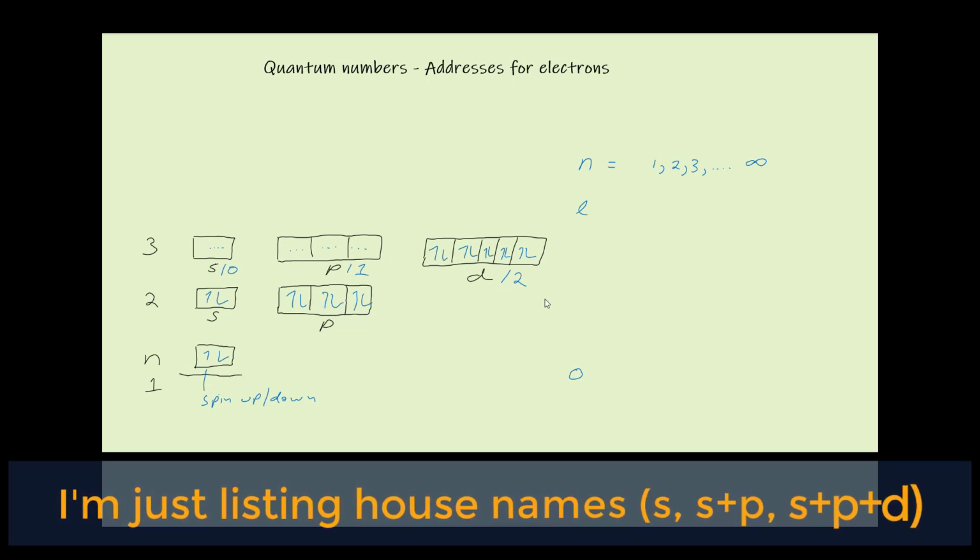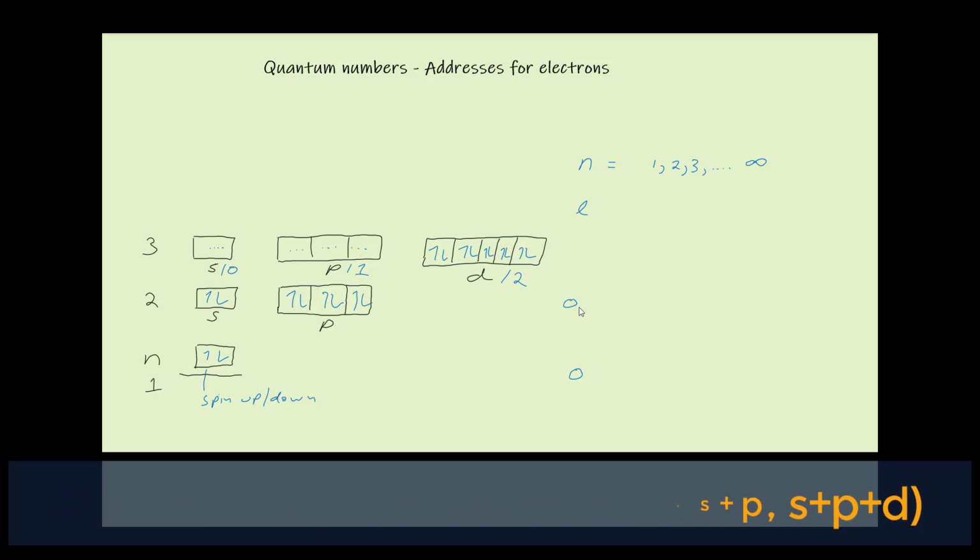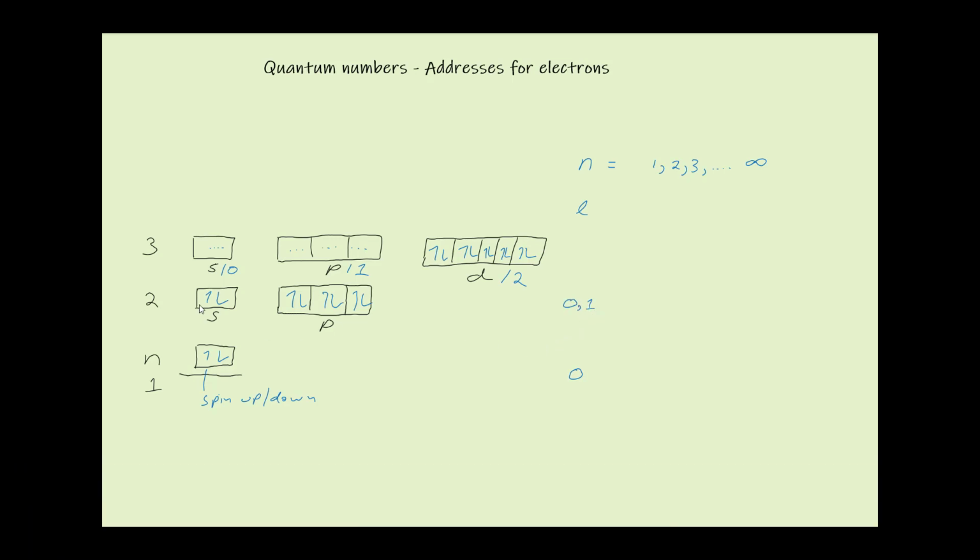When N is equal to 2, we could have an L of 0 or 1. We have both of them. And when N equals 3, we could have an L of 0, 1, or 2. Notice how L starts at 0 and goes all the way up to N minus 1. So that tells us how many houses we can have on those streets.